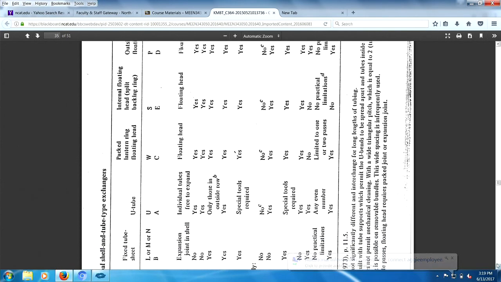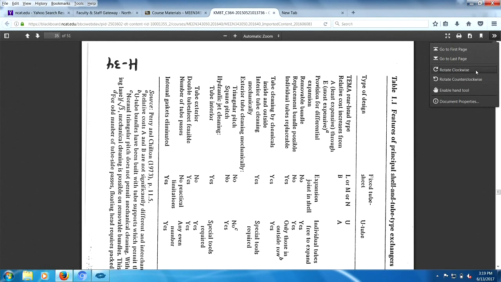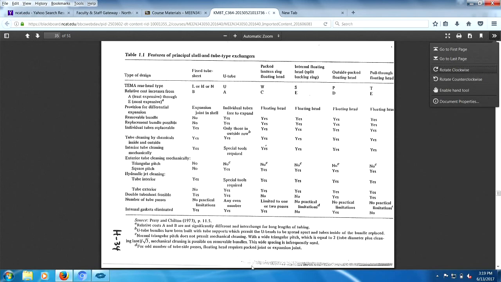Oh, look at this. I guess I've got to do a rotation on this one too. Wrong direction. Wrong direction. Wrong direction. Eventually I get it right. So you have principal, see how it's spelled? P-A-L, not P-L-E. So you've got tube sheet, U-tube, packed lantern ring, floating, internal floating head, outside packed floating head, pull through.